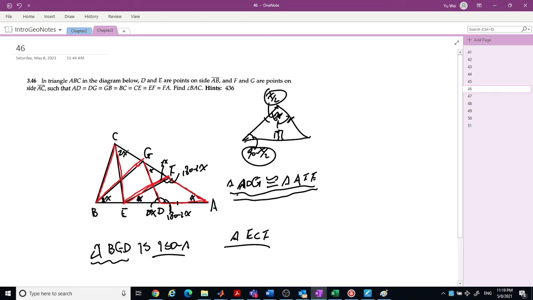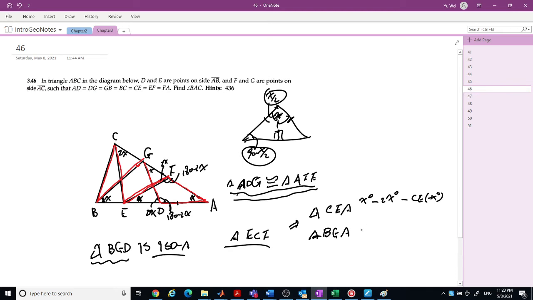Now we can see in the triangle CEA and the triangle BGA. CEA has angle X and angle 2X, and CE opposite to the X angle, right?